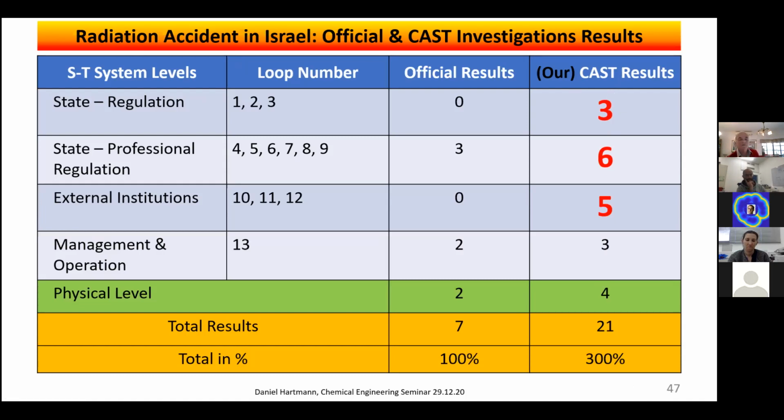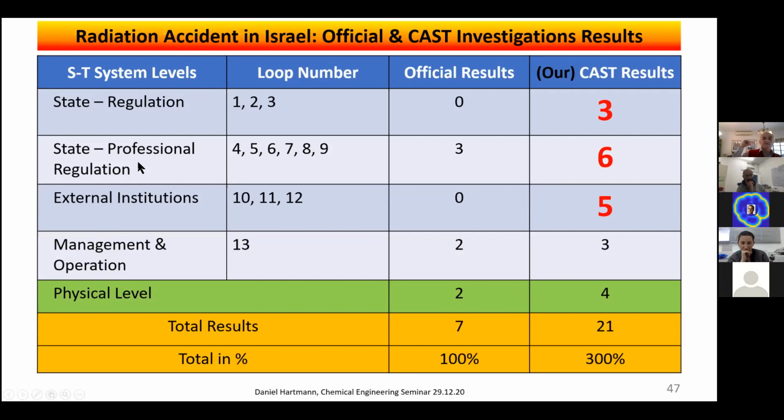the nuclear research facility. And over there, we found 3 times more outcomes than the official results, yes? And again, we study not only the physical level, we go up to the regulation and so on.